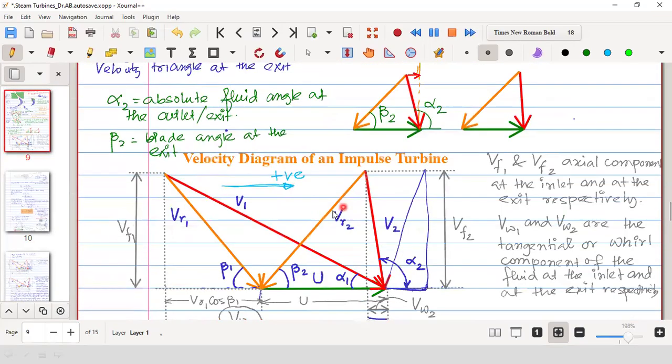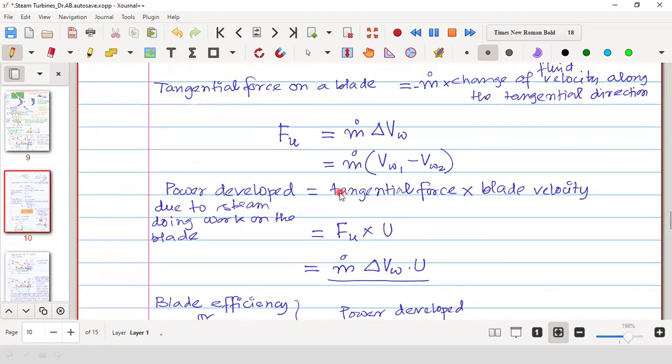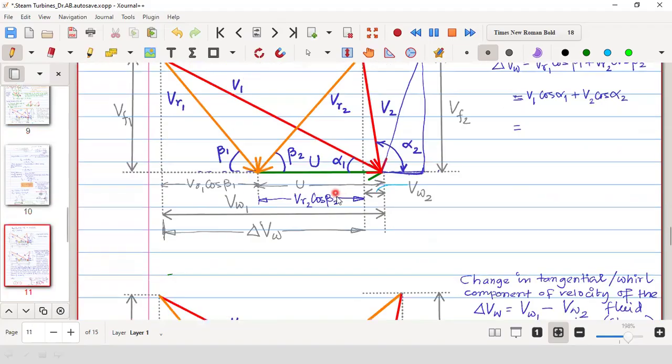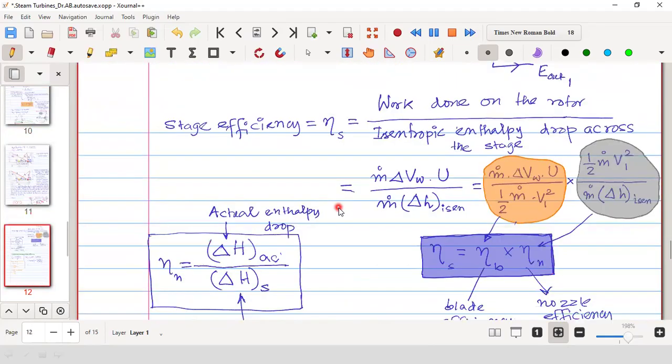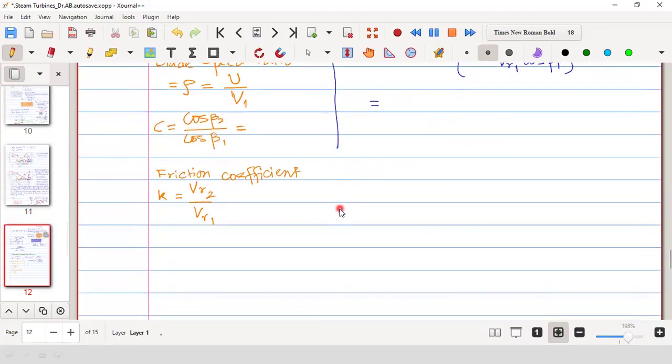So the friction coefficient K is defined as the relative velocity at the exit divided by the relative velocity at the inlet. For no friction, K will be 1.